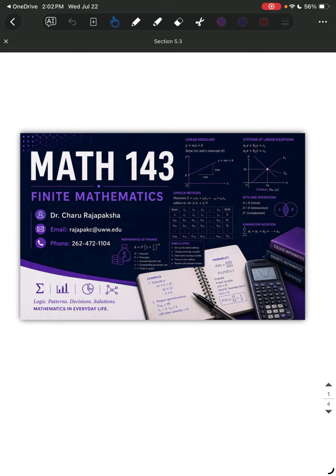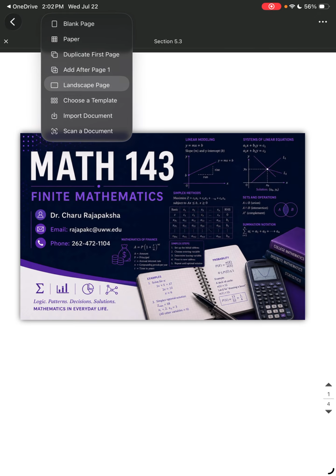Okay, before we begin, let's briefly review the main idea from the previous section. An annuity is a sequence of equal payments made at regular intervals.